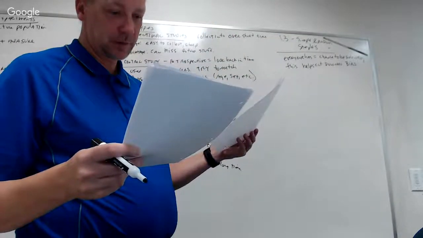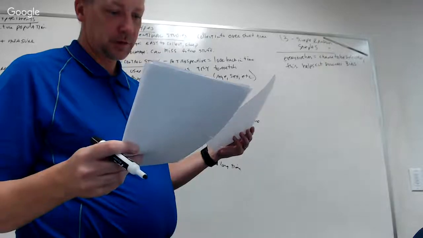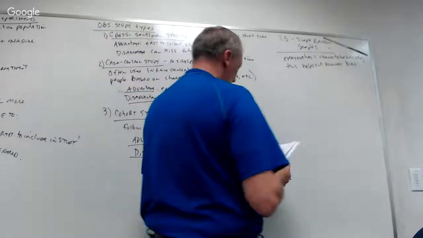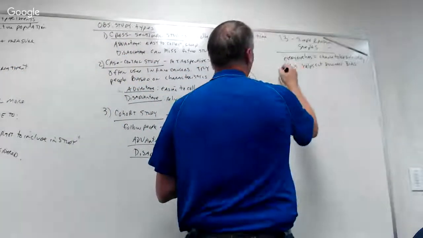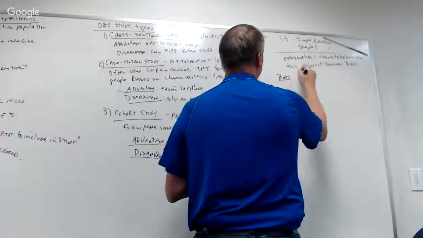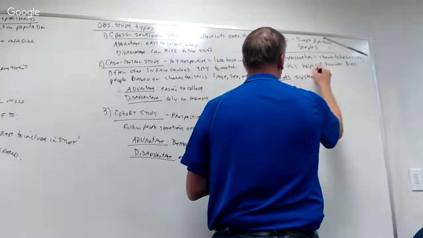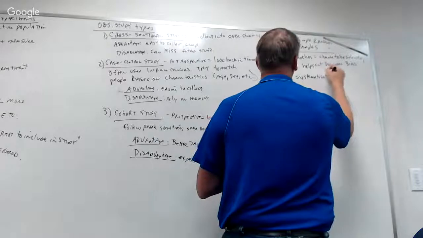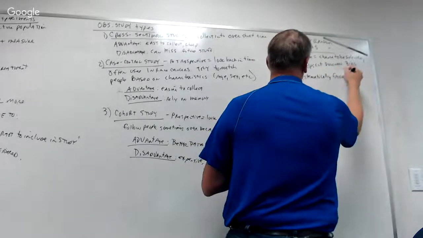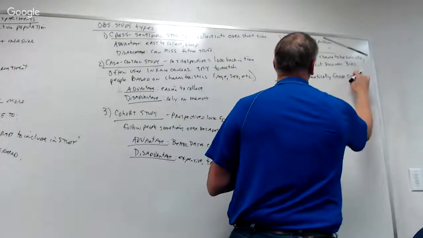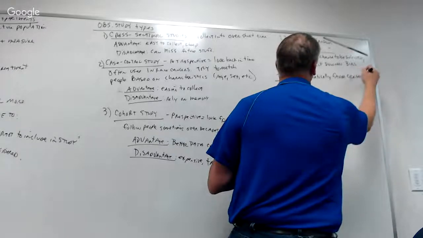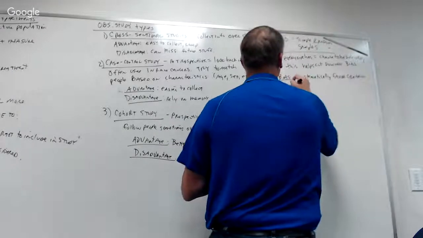Now, bias, I should explain, is to systematically favor certain outcomes.